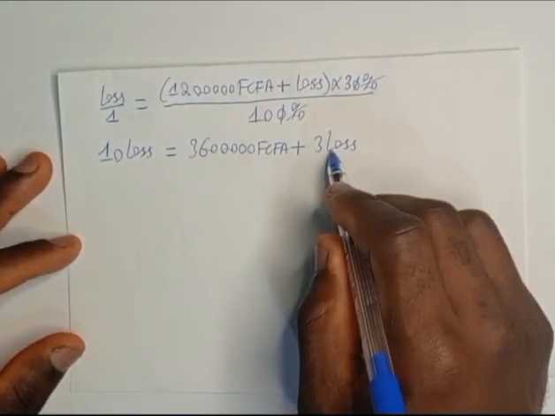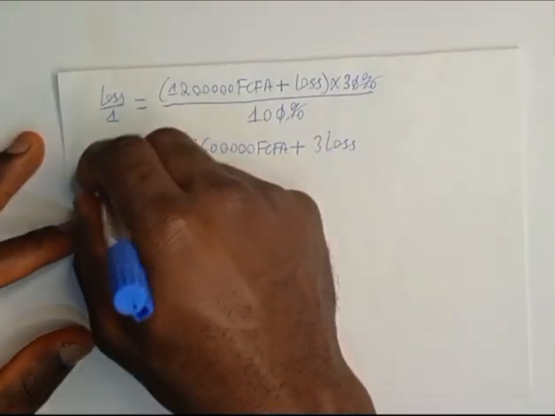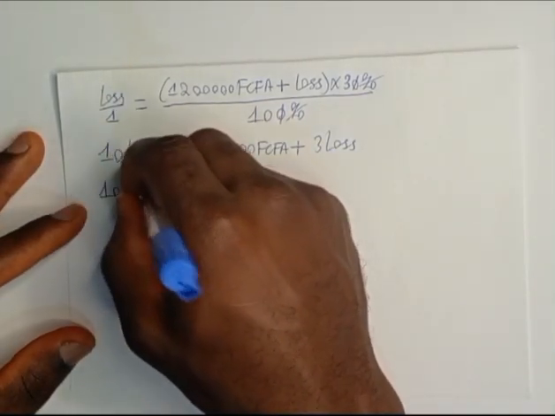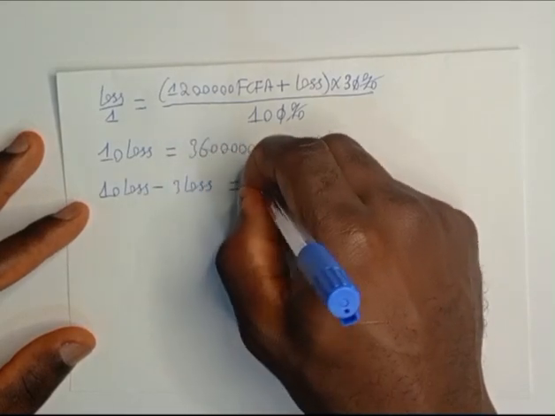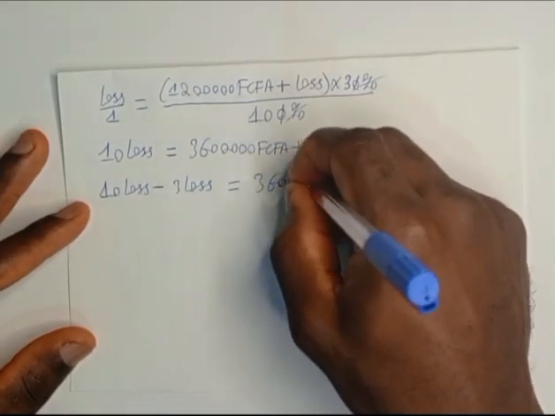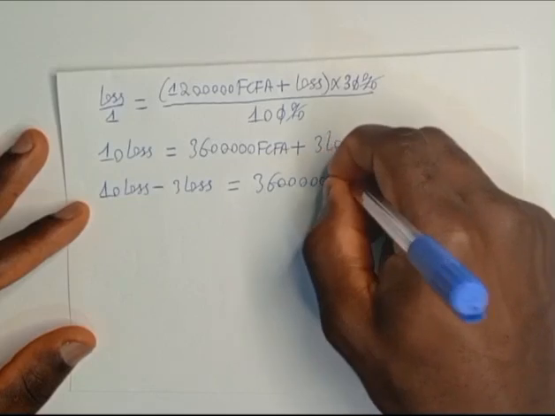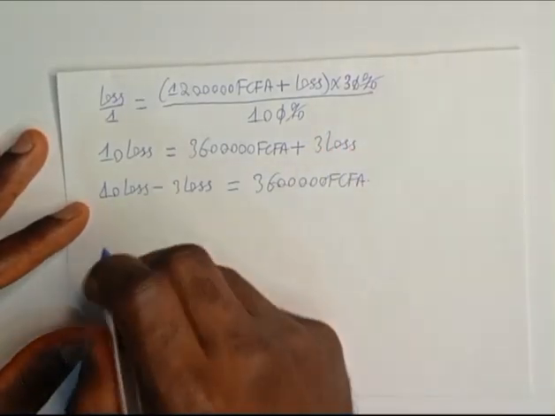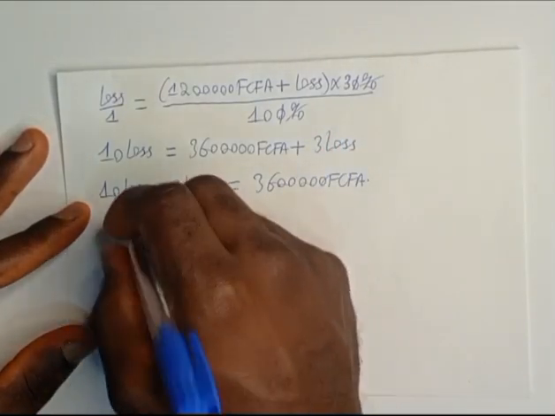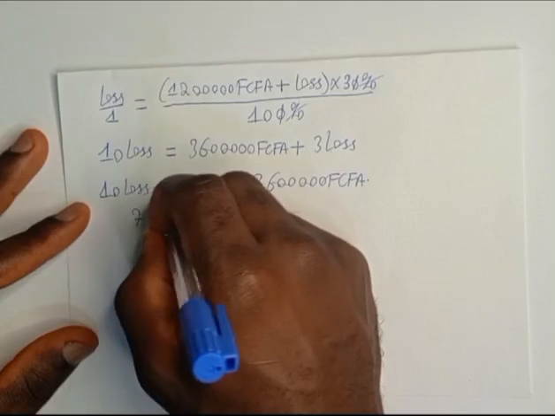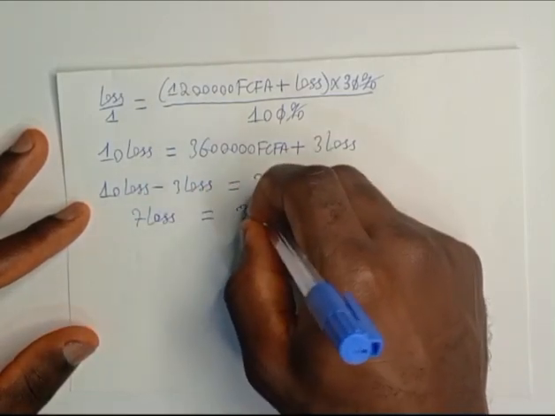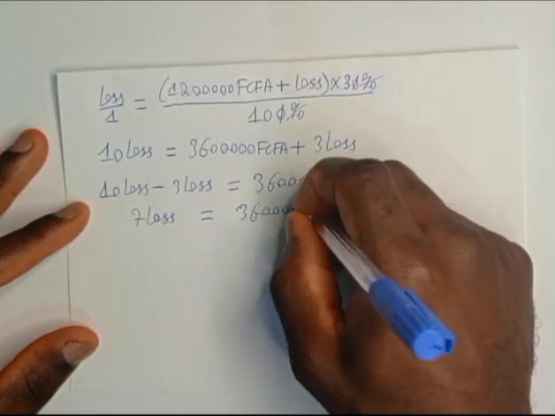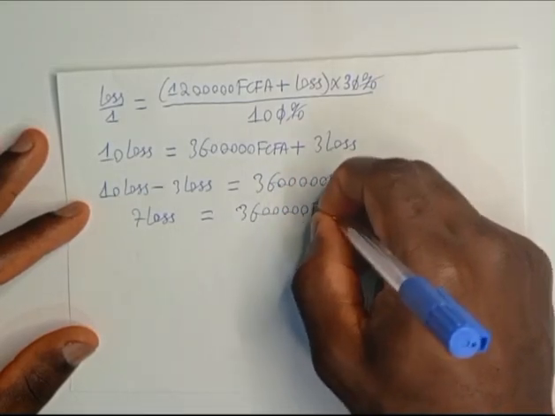Next, we are going to transfer the 3 loss to the left hand side. This will give us 10 loss minus 3 loss is equal to 3,600,000 francs CFA. 10 loss minus 3 loss gives us 7 loss. 7 times the loss is equal to 3,600,000 francs CFA.